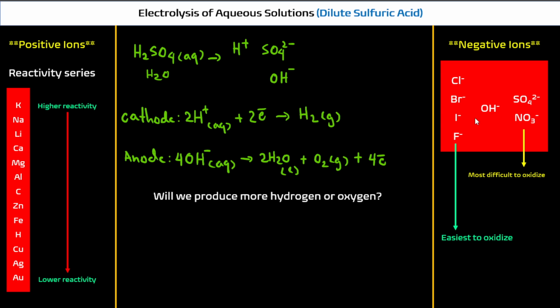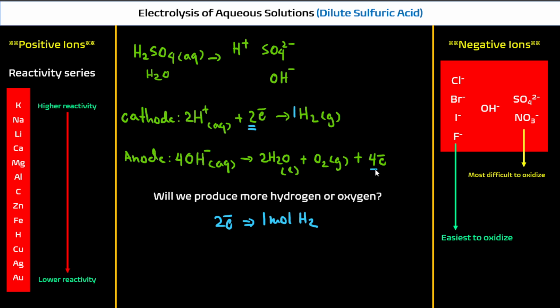But the question here is, will we produce more hydrogen or oxygen? How we can do this is by looking at our number of electrons to the mole ratio. So 2 electrons, when they flow, we are going to get 1 mole of H2 gas.